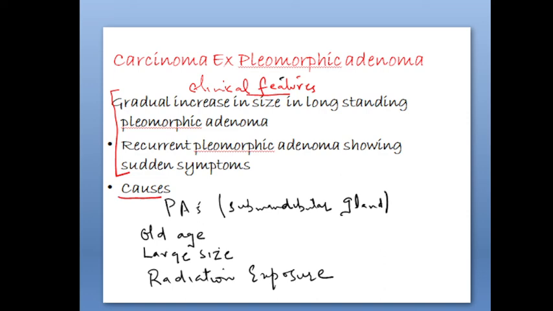The pleomorphic adenomas in submandibular gland have more chances of developing into carcinoma ex pleomorphic adenoma. In old age, if the size of the tumor is large, and if there are multiple radiation exposures, the transformation of pleomorphic adenoma into carcinoma ex pleomorphic adenoma is more likely.